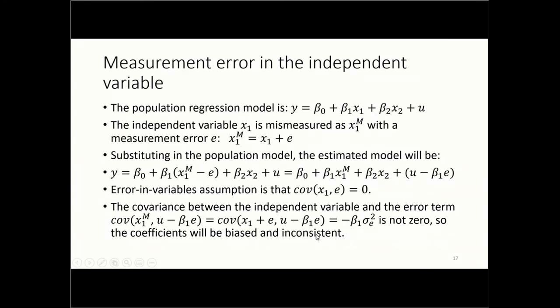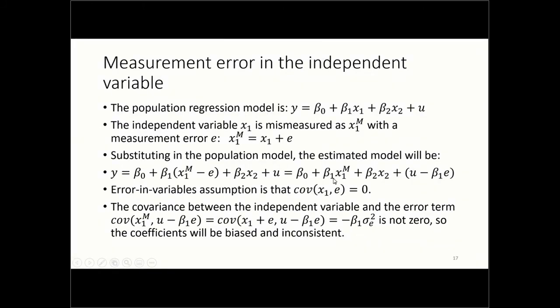But here, if we replace x1m with the expression from up here, we're going to find that the covariance is actually equal to minus beta 1 times the variance of e, the measurement error. Because this is not 0, the coefficients would be biased and inconsistent.